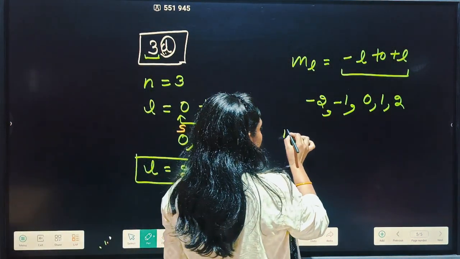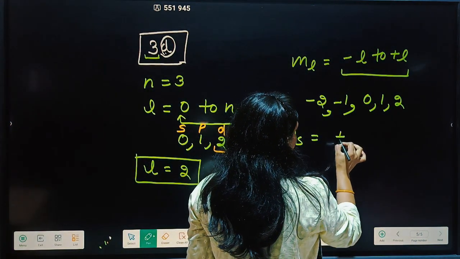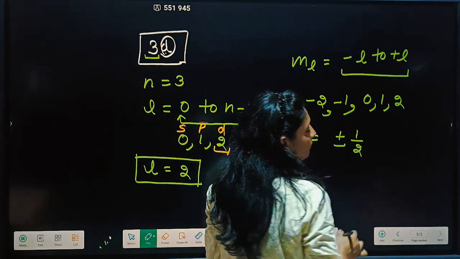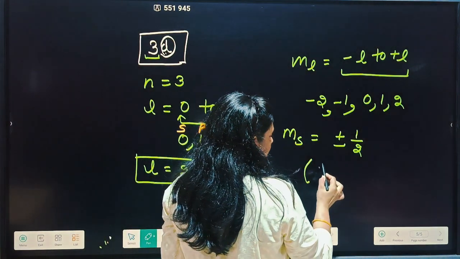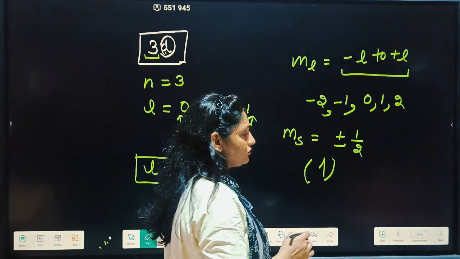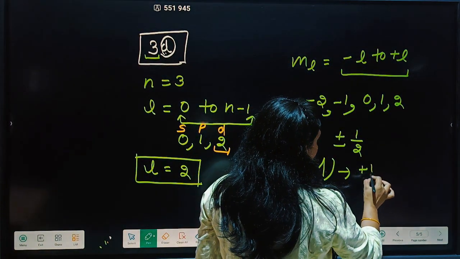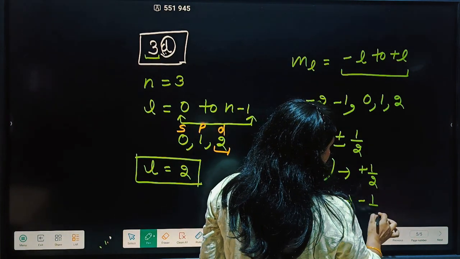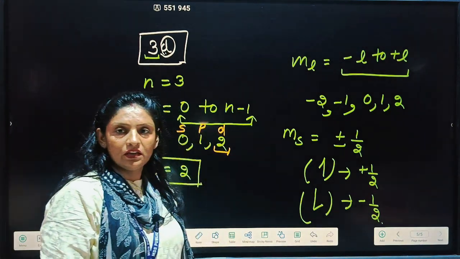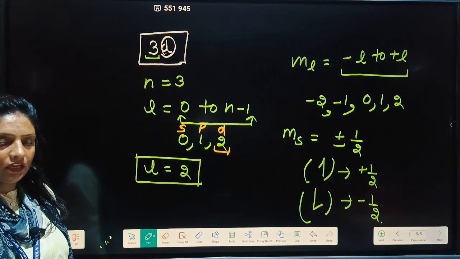And students, the spin quantum number may be either plus half or minus half. If the electron is present in upper spin then its value will be plus half, and for lower spin this value will be minus half. Clear or not? Yes.